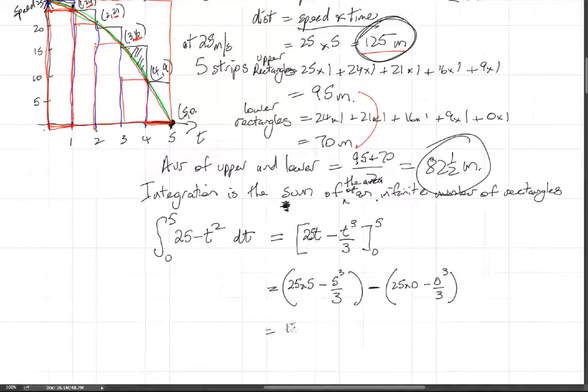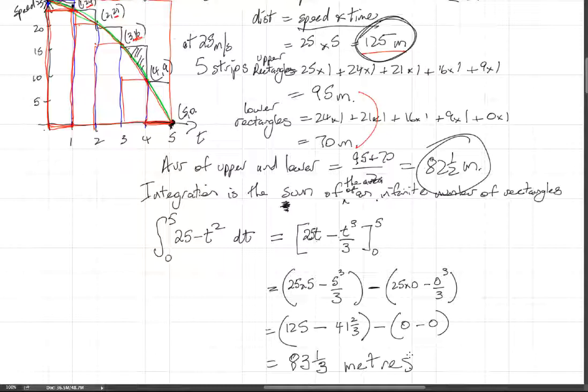That's equal to 125 minus 125 on 3, which is 41 2/3. So that's that bracket done, minus, that's 0 minus 0, well that's all 0 there. 125 minus that will be 83 1/3 meters.